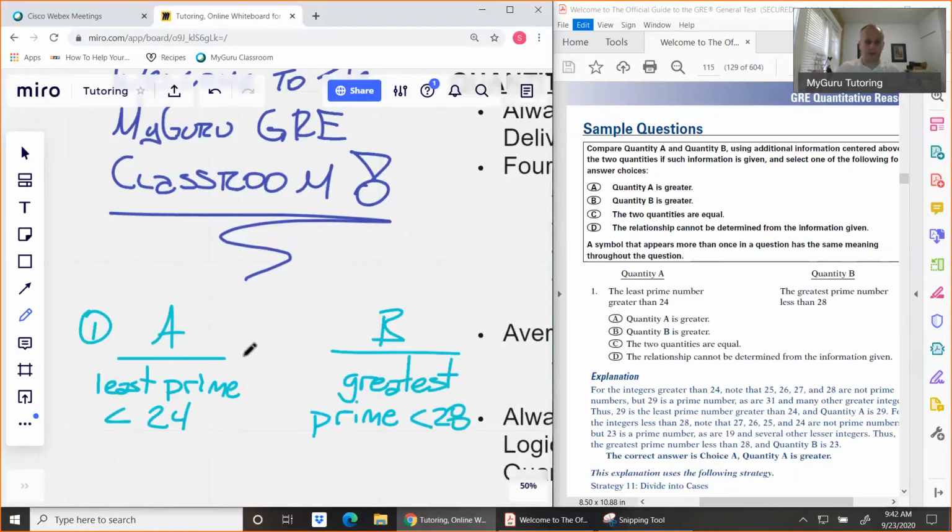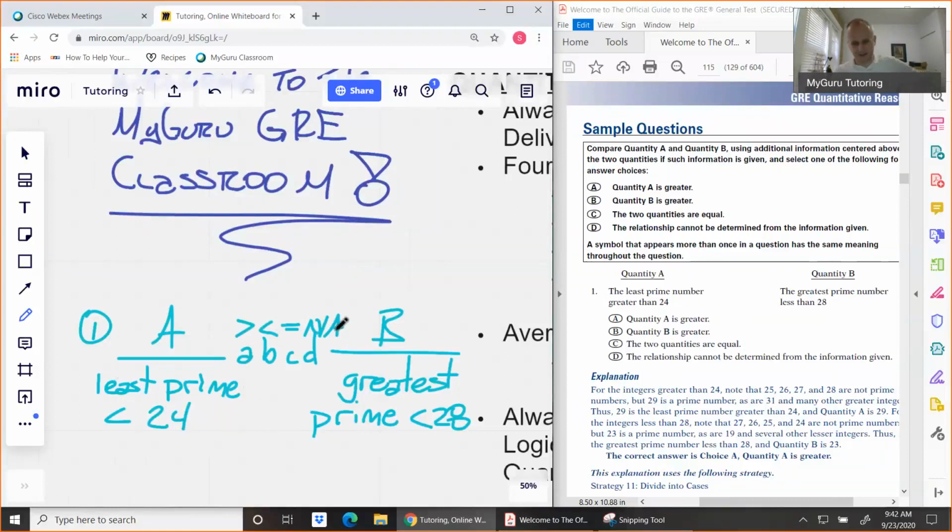I always like to put our answer choices in the middle for process of elimination. And you can use some little helper symbols to shorthand what we just talked about in terms of the static choices, because we know that choice A means A is always greater, hence the greater than sign pointing at choice A.